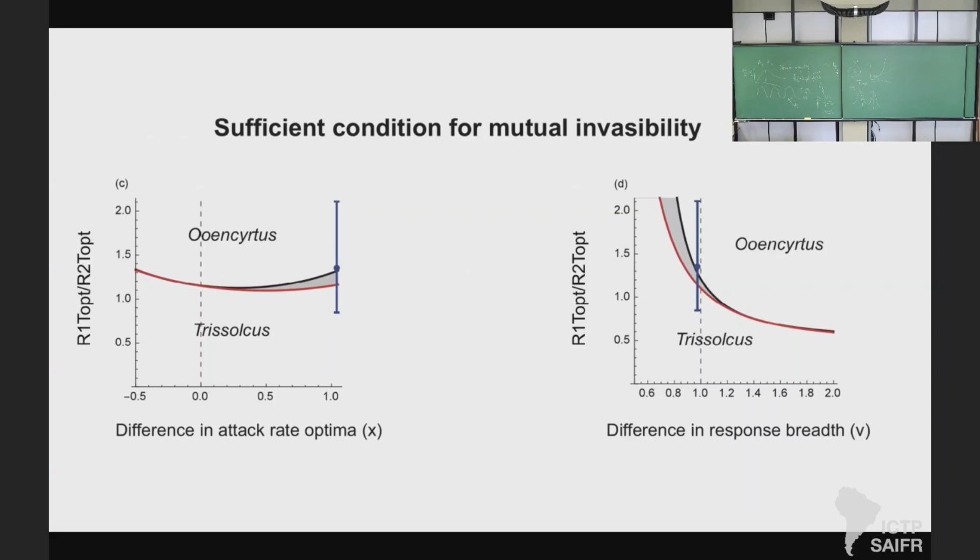Now what we see is that it's right at the boundary, right? If you look at the mean, it's right at the boundary of where O insertus is winning. So what we then did was we asked the question, but there's a lot of variability around that outcome. If we were to sample that variability space, what's the frequency with which they could coexist within that range of variability?